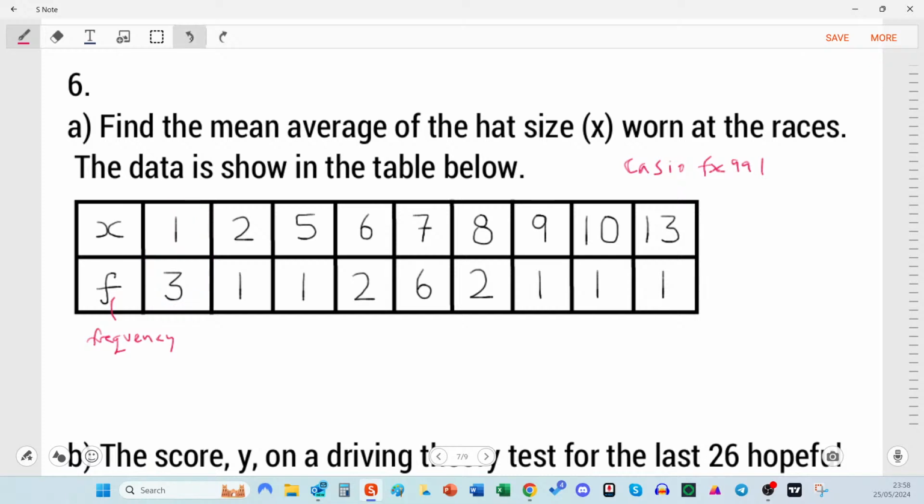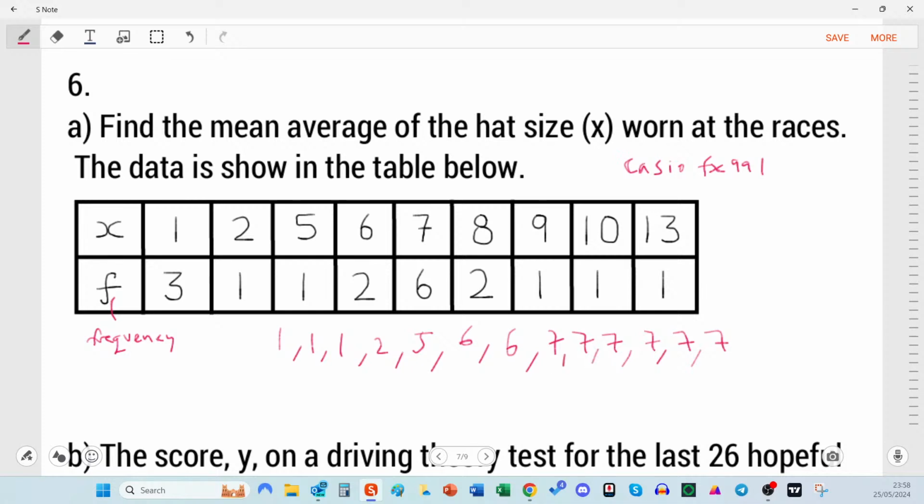This first column means that there are 3 number 1s. So, 1, 1, 1. Frequency of the number 2s, there's only one of them. There's only 1 five. There's 2 sixes. So we're at 6 and 6. There's 6 sevens. 1, 2, 3, 4, 5, 6.